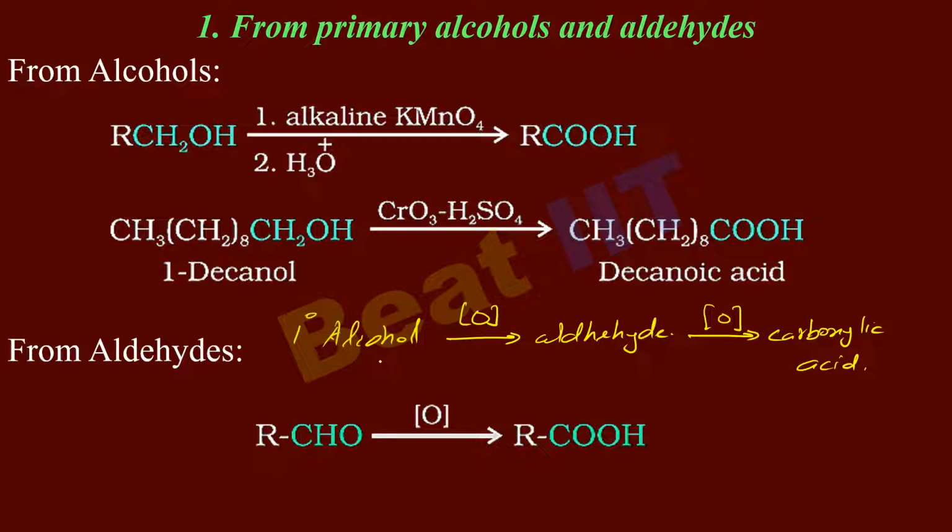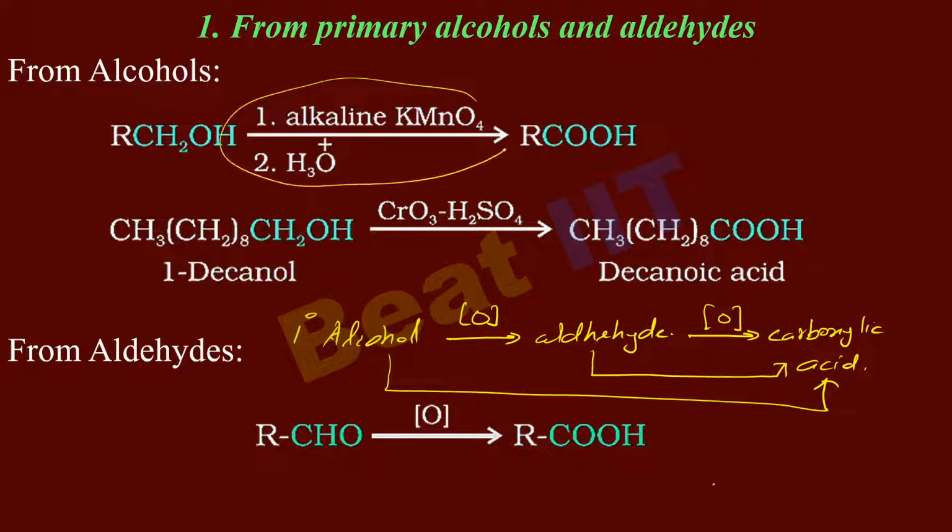Here we are talking about direct oxidation of alcohols to carboxylic acid in the first case, and in the second case aldehyde oxidation to carboxylic acid. You can use the same conditions, alkaline KMnO4 followed by acidic hydrolysis, or chromium trioxide in acidic environment.